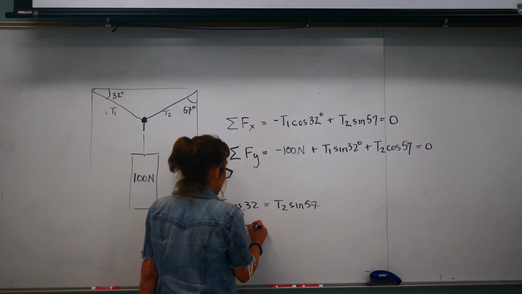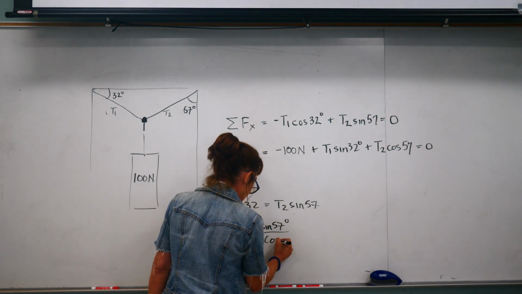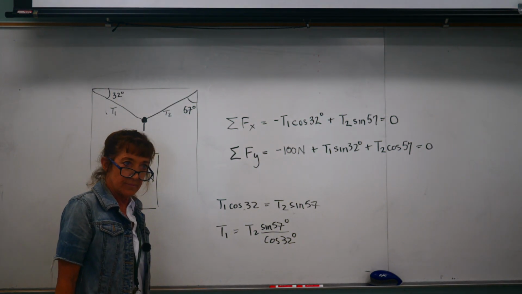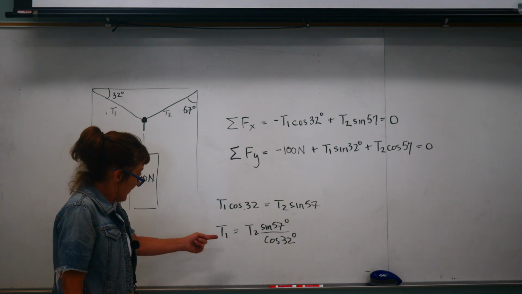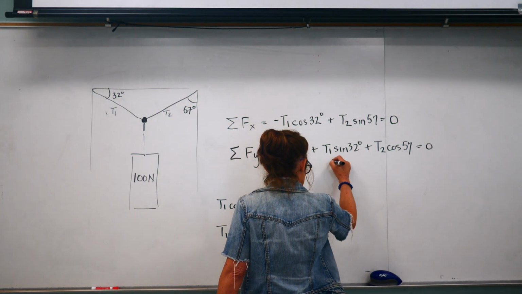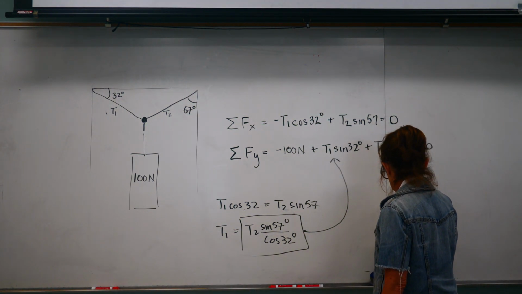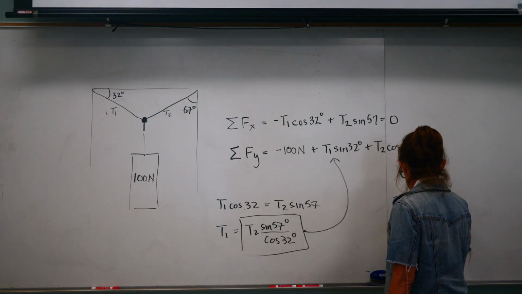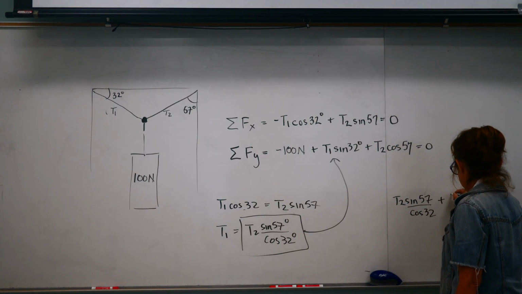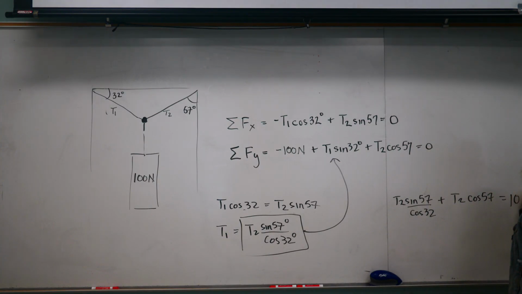T1 equals T2 sine 57 divided by cos 32. I've got an expression for T1 now. So I'm going to go back up to here and pop that in there. And I've got T2 sine 57 over cos 32 plus T2 times cos 57 equals 100 newtons.